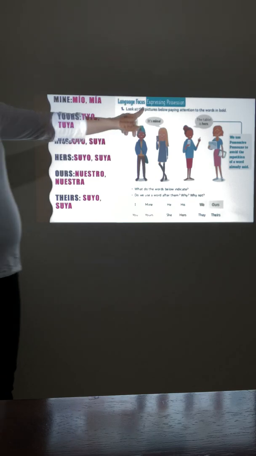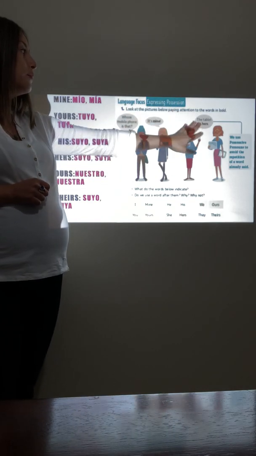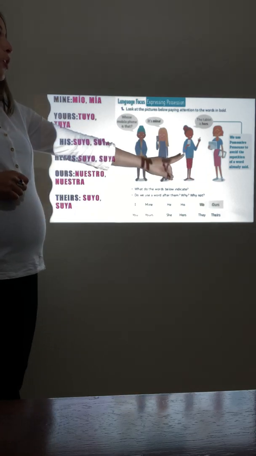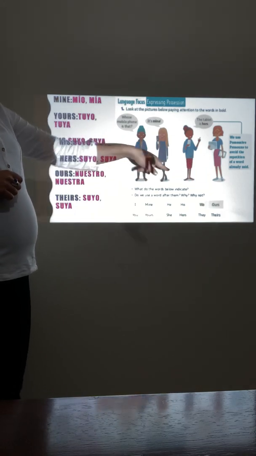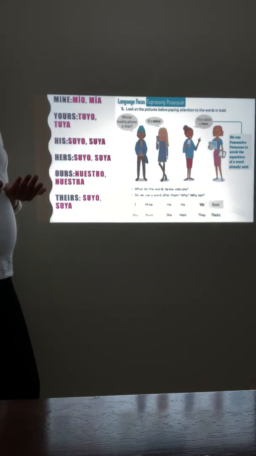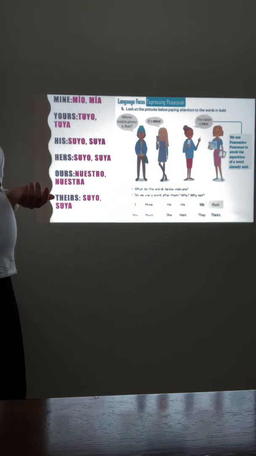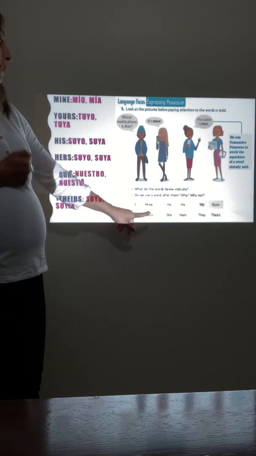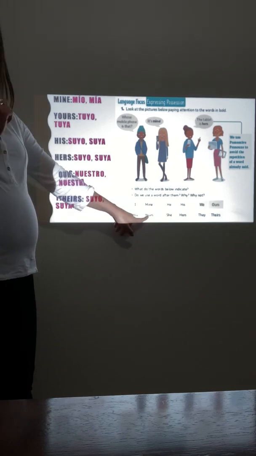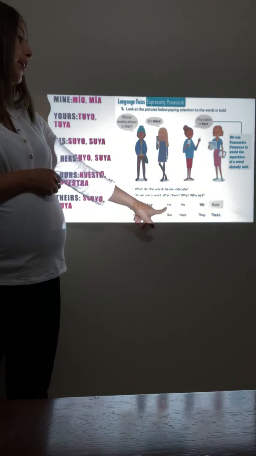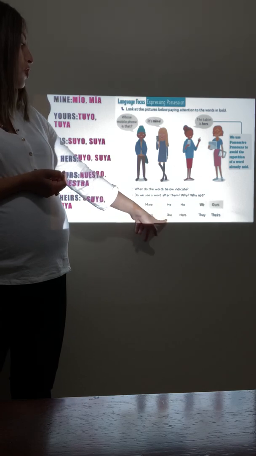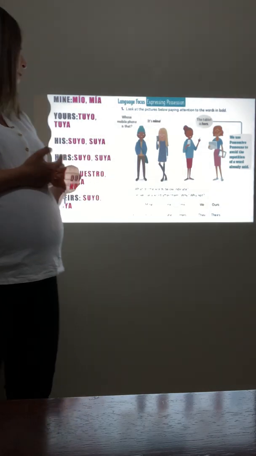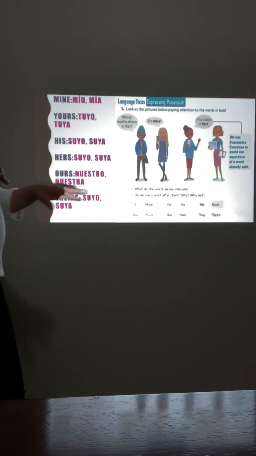That is expressing possession. The tablet is hers. We use the possessive pronouns to avoid the repetition of a word already said. For I use mine. For you, yours. For he, his. For she, hers. For we, ours. And for they, theirs.